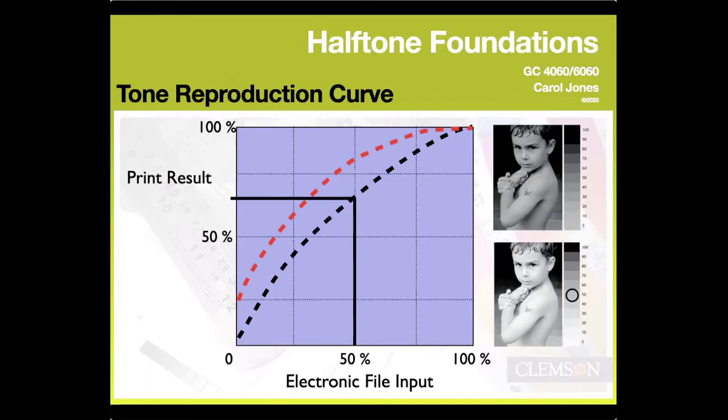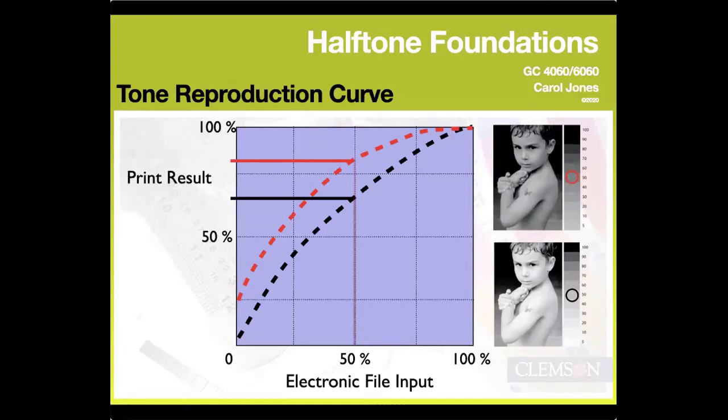And in reality, if we don't run tests, or we just apply some standard flexo curve that doesn't exist, or apply an offset gain curve, dot gain compensations or profiles, it's not going to work. We're going to end up with this image that looks much darker.